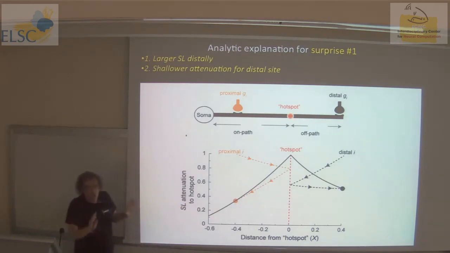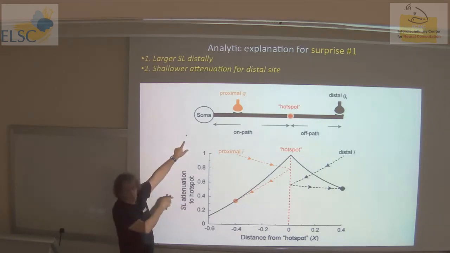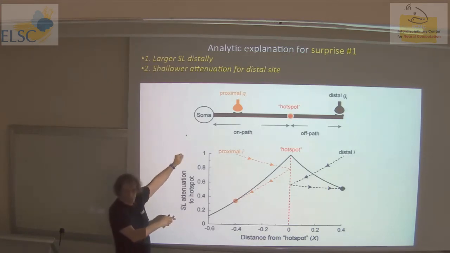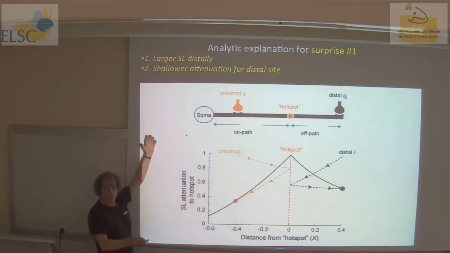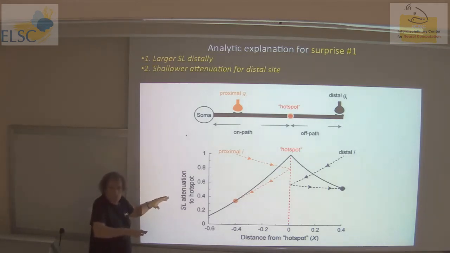If your mission in life is not only to kill the spike at the axon in the beginning, but also to control the nonlinearity, to dampen the nonlinearity. So our claim is that much of these inhibitory synapses is designed to control local nonlinearities, and part of the fact that they are so distal is because of this.